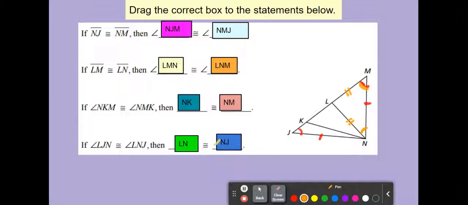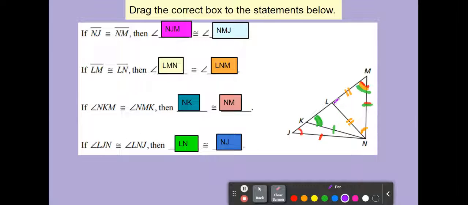All right. If angle NKM, so this angle is congruent to NMK, this angle, so these green ones, that means the opposite sides must be congruent. NK must be congruent to NM. All right.